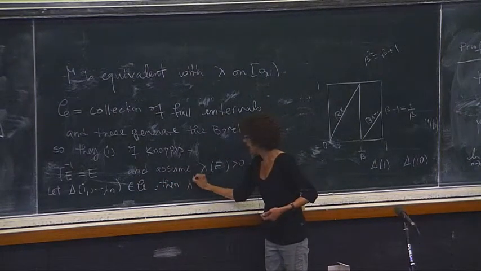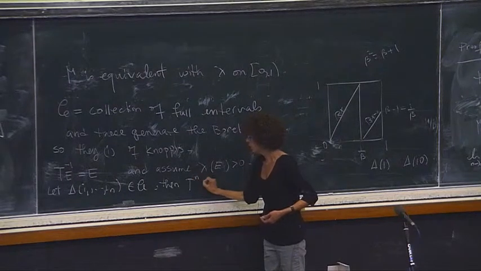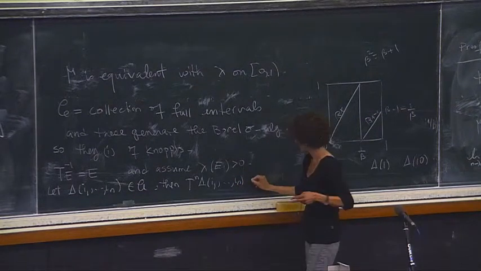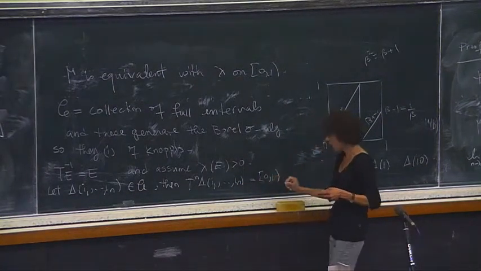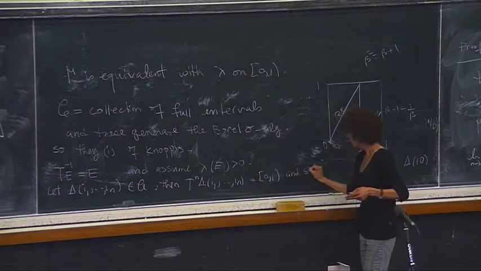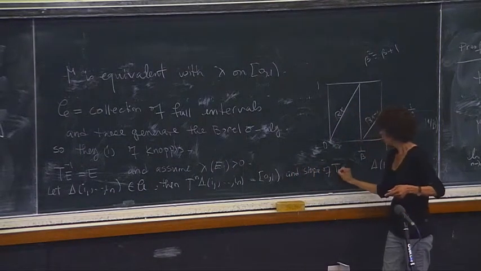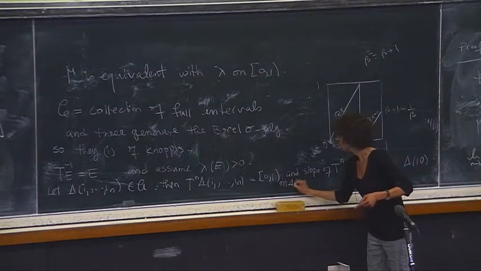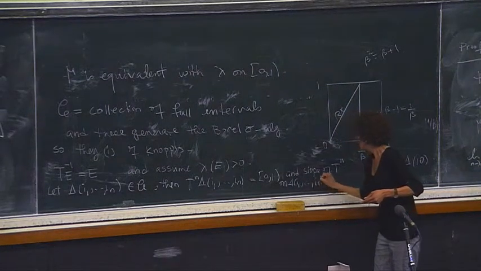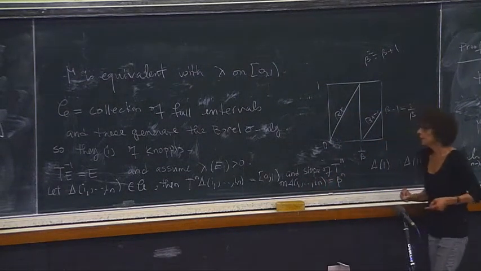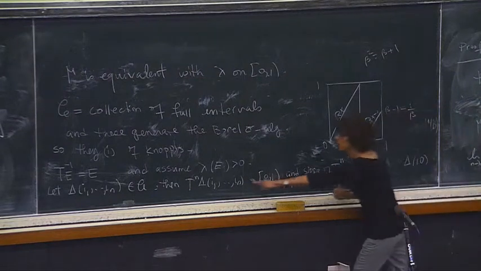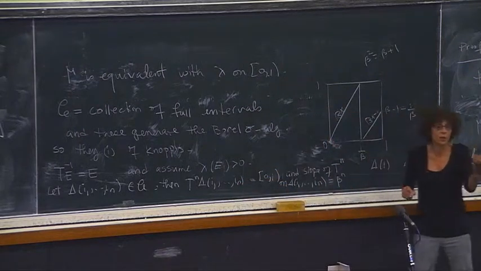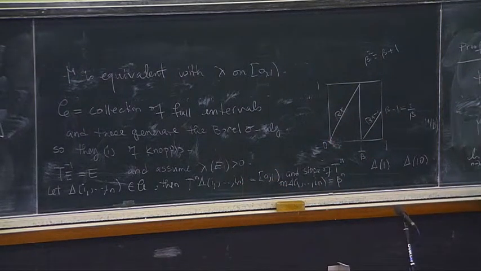Then lambda of T^n of delta is the whole interval, and the slope of T^n on delta is beta to the n. That is, the length of n full fundamental intervals is actually 1 over beta to the n. And then the rest is the same.